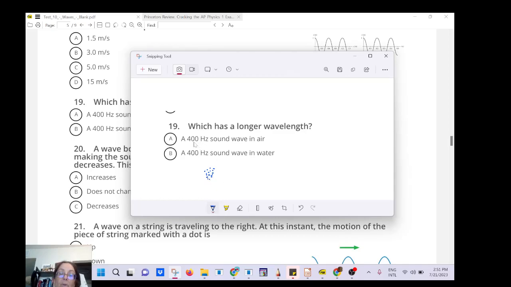In air, the speed of sound is about 340 meters per second, and the speed in water is about 1500 meters per second because the molecules in the liquid are closer to each other. So when they vibrate, it will be easier for them to pass on the disturbance.